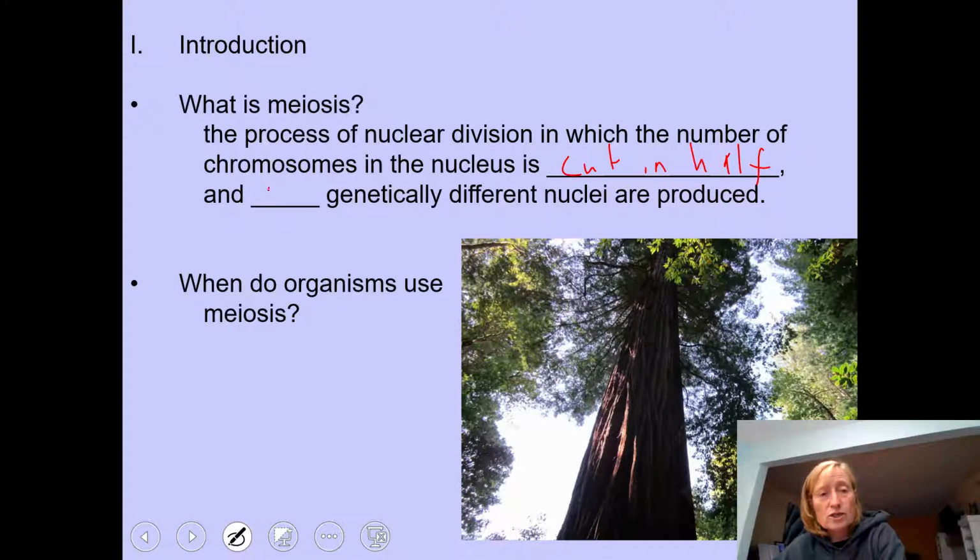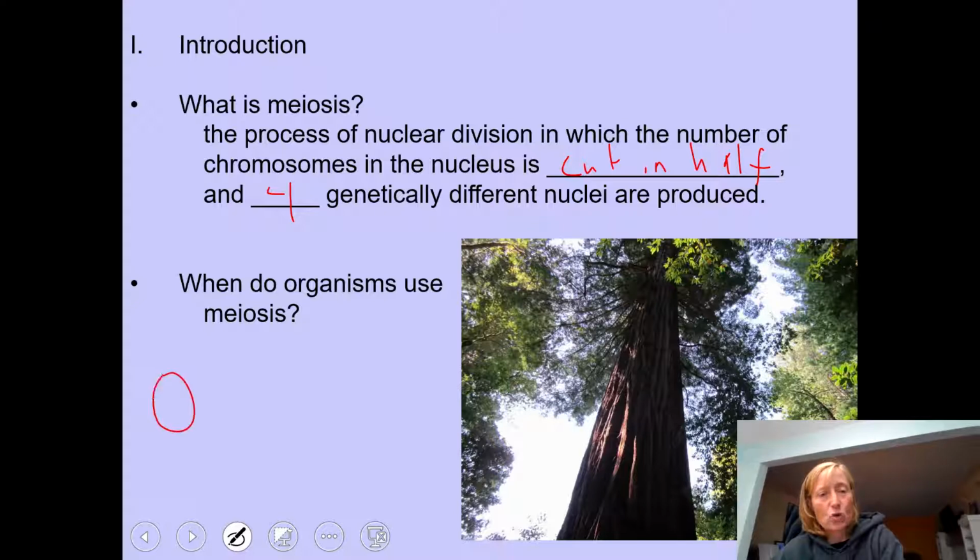And 4 genetically different nuclei are produced. So we're making gametes in this process. Meiosis is the mechanism by which the nucleus divides to make gametes. And this occurs during sexual reproduction.